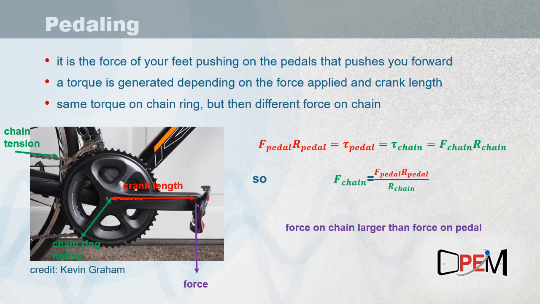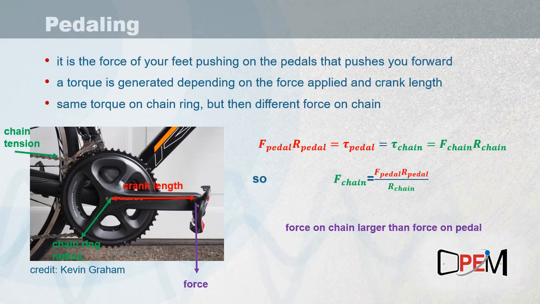That torque causes a torque on the chain ring, which is of a smaller diameter or smaller radius than the crank arm, to induce a force on the chain and therefore a tension in the chain.